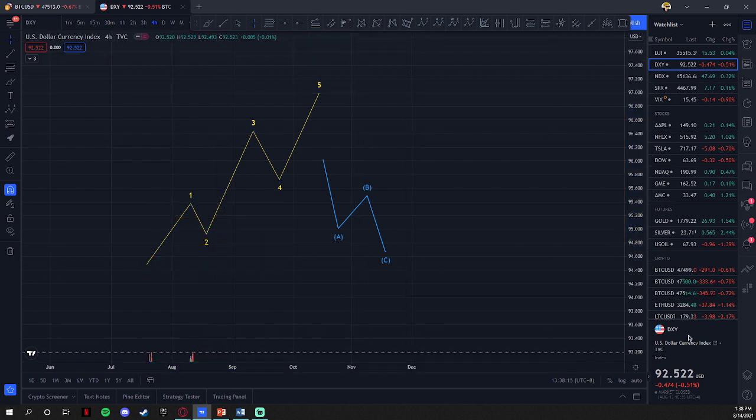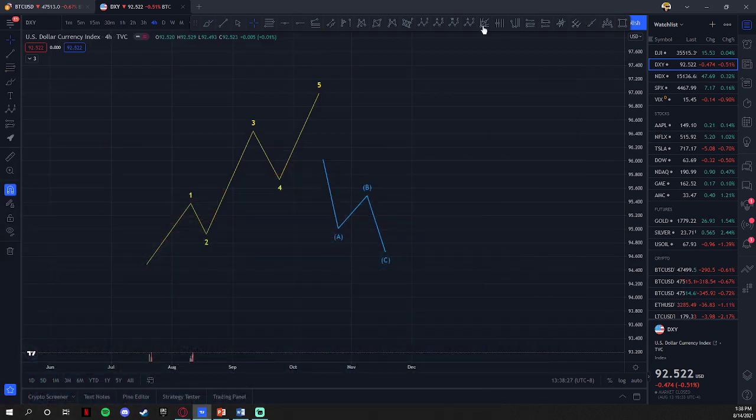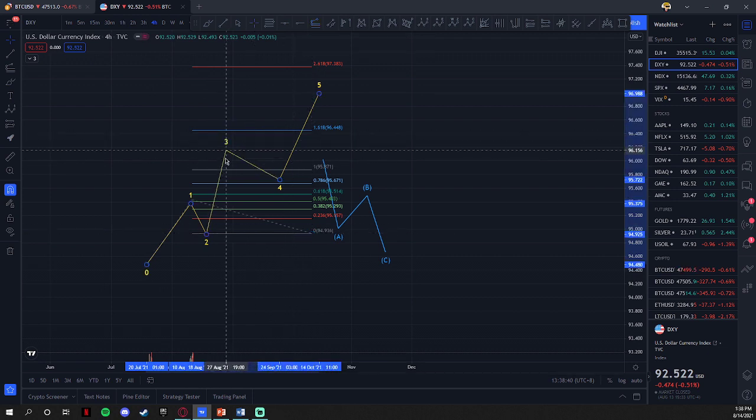And finally, you use Fibonacci extensions to find a nice price target for waves 3 and 5, normally between 1 and 2.618 Fibonacci. The standard is that I will use the Fibonacci extension like this, and I would be targeting the 1.